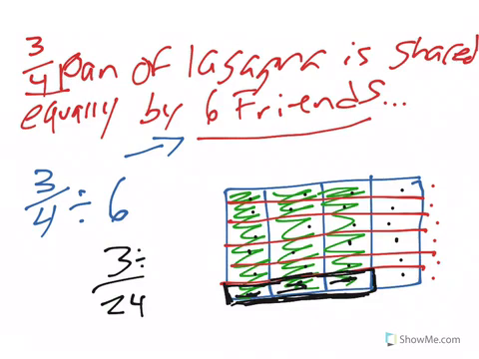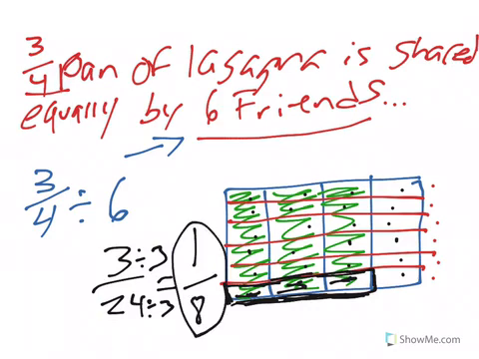I know both of those are divisible by 3. 3 divided by 3 is 1. 24 divided by 3 is 8. So each person will get 1/8 of the entire pan of lasagna.